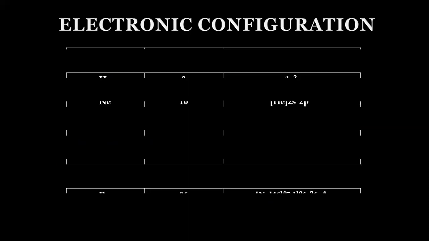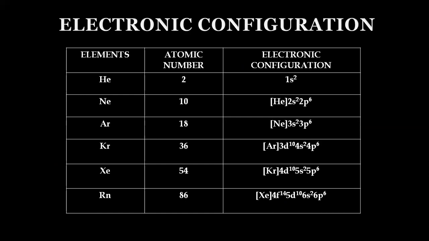Now coming to the electronic configuration of these elements, as they are noble gases, we have learned from our elementary classes that noble gases have a fully filled configuration. So they are stable. One of the major reasons of noble gases being so stable and unreactive is their fully filled configuration, which you can clearly see here.